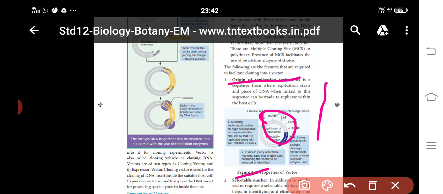Where the replication takes place, that is called ORI. So they can be replicated in the host cell, replicated along with the DNA.